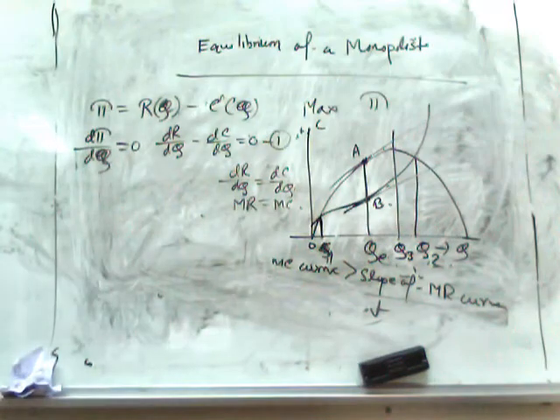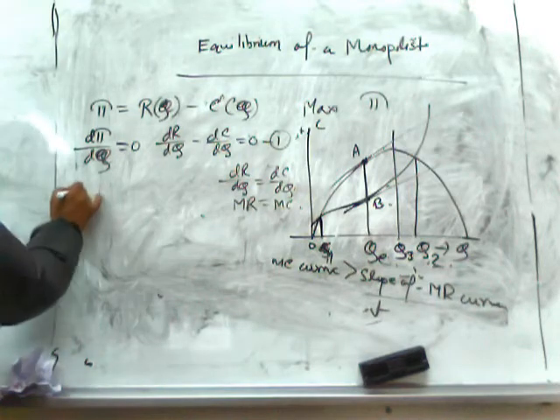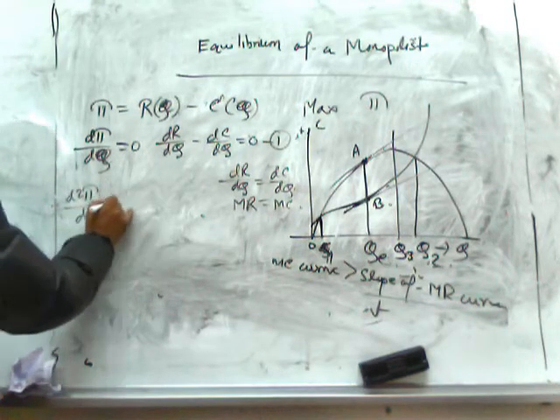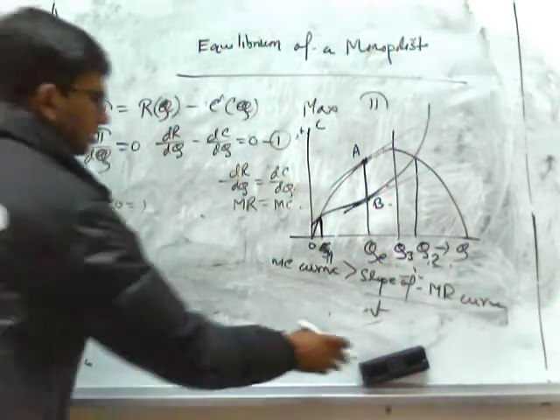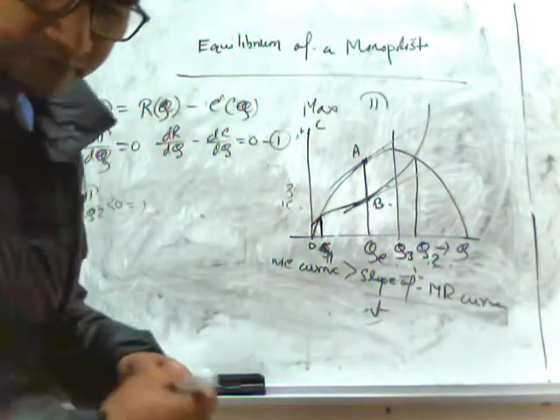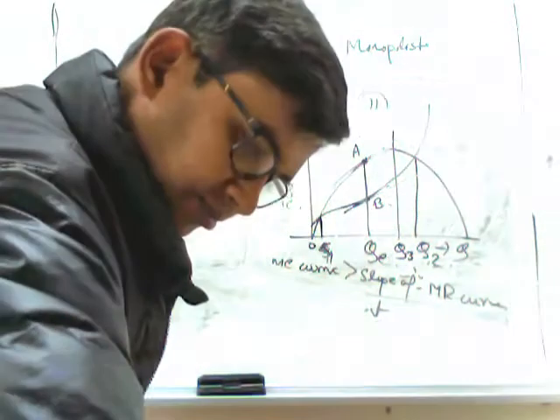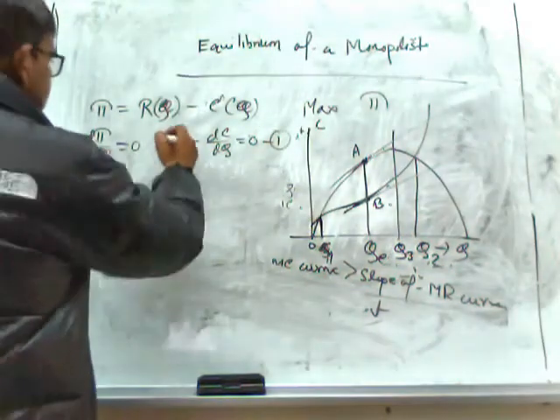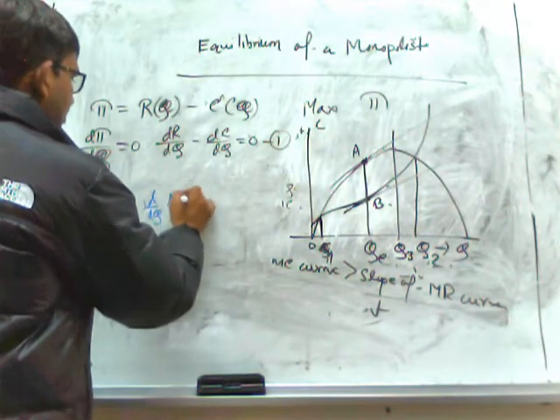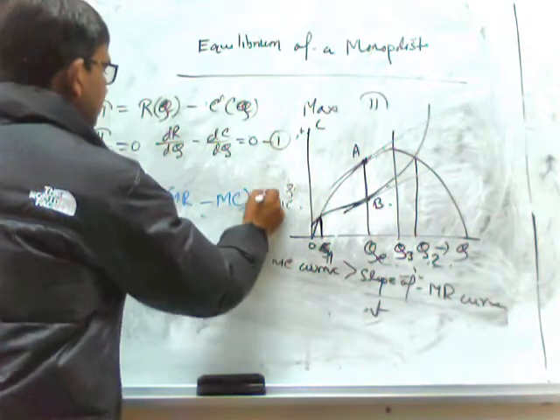Now if we do the second order derivative, the sufficient condition is that the second order derivative must be negative. So this is nothing but d/dQ of (MR minus MC), that must be less than 0.